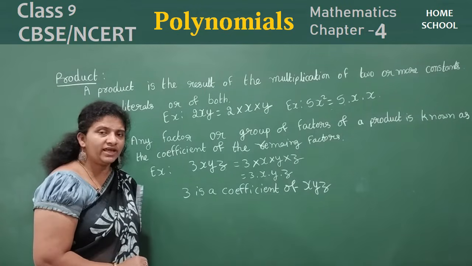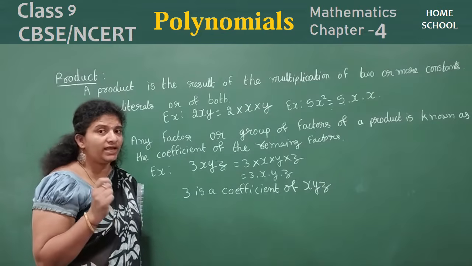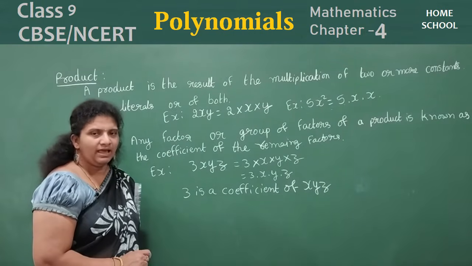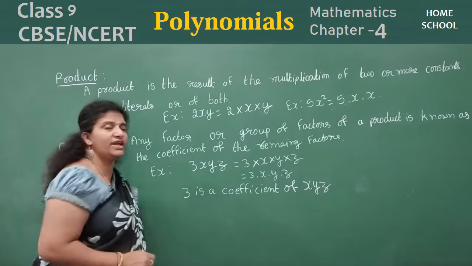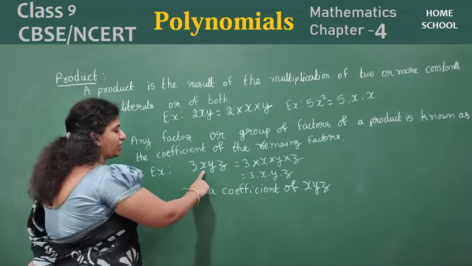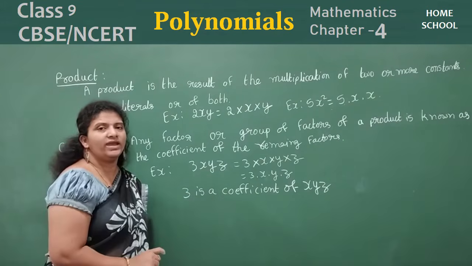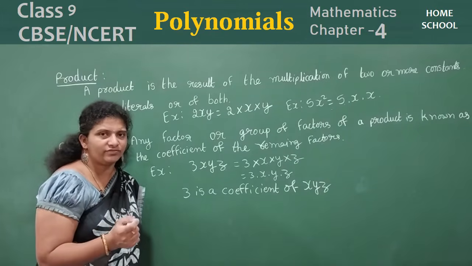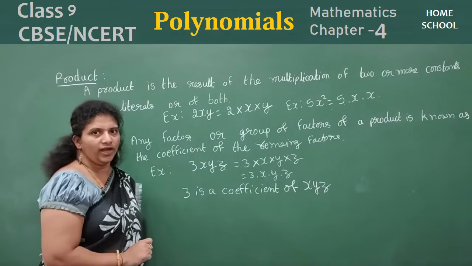What does numerical mean? Number. The numerical coefficient of 3xyz is 3. The algebraic coefficient of 3xyz means other than the number, the remaining terms, x, y, z. We call xyz the algebraic coefficient of this product.